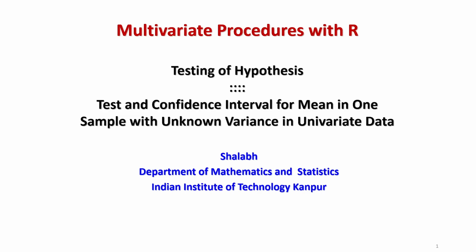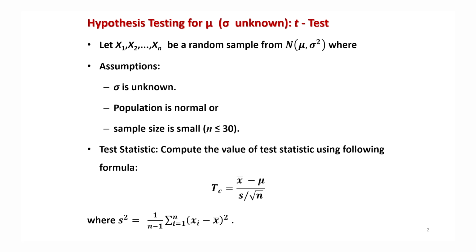So now in this lecture, we are going to talk about the test of hypothesis and confidence interval estimation for the mean in one sample with unknown variance in univariate data. That means we have only one variable, like height or age. Similar to the setup we considered in the last lecture when the population variance sigma square was known, we have here a sample x1, x2, ..., xn from a normal population, Normal(mu, sigma square), where mu is the mean and sigma square is the variance.